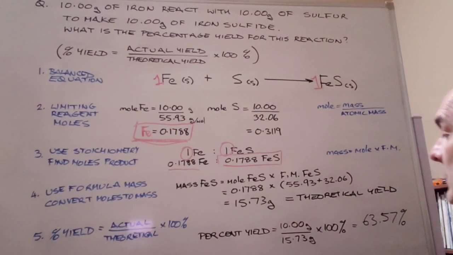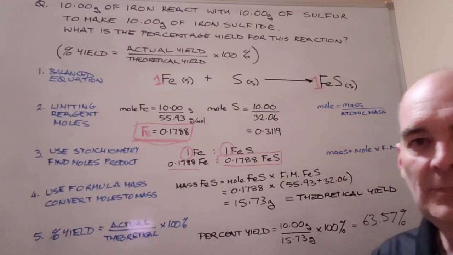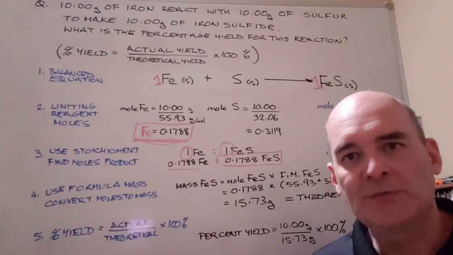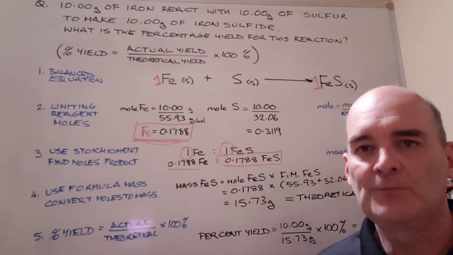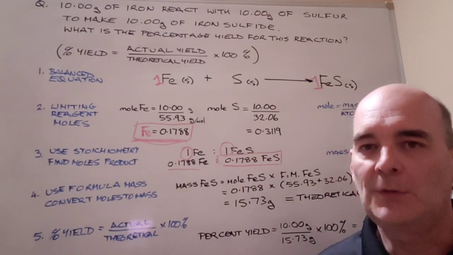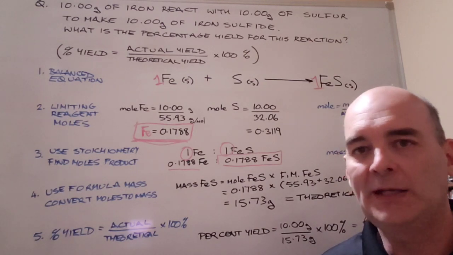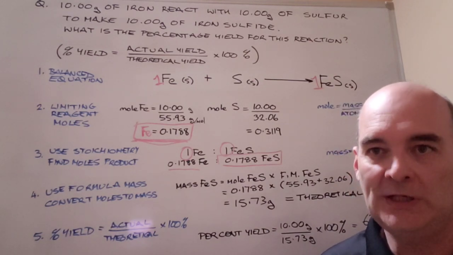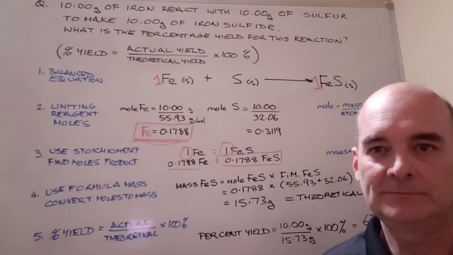If I divide those two numbers and multiply by 100, my answer comes out to be 63.57%. So taking 10 grams of iron and 10 grams of sulfur, combining them together to make 10 grams of iron sulfide is only 63% effective.